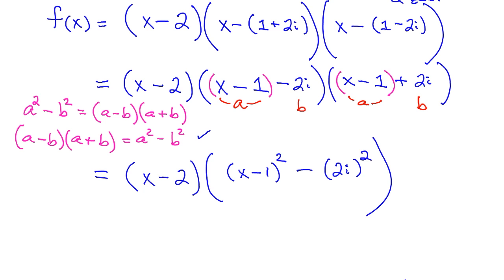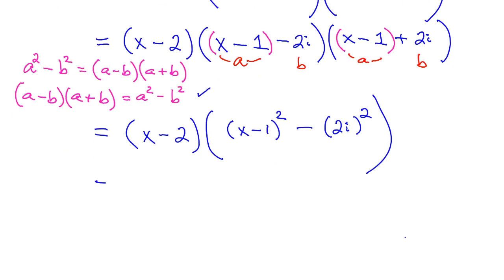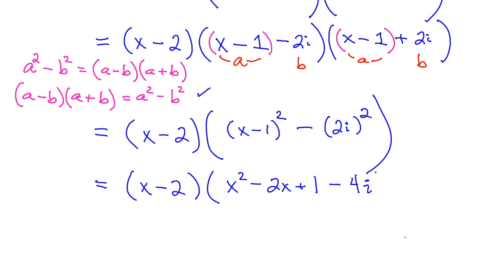All that inside of big parentheses. Then we can use some of our other tools that we know. We can multiply out x minus 1 squared. That's x squared minus 2x plus 1. And we can multiply out 2i squared. That would be negative 4i squared.